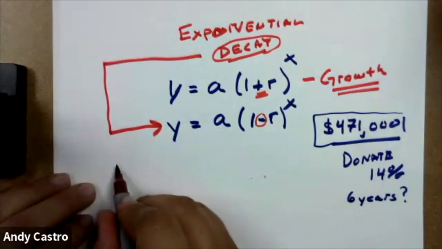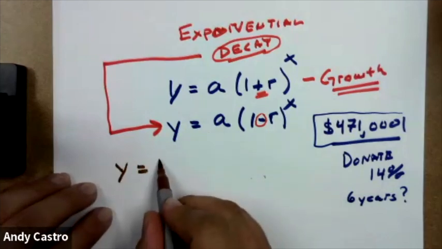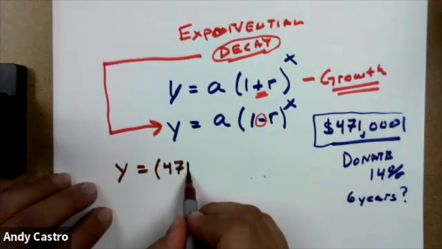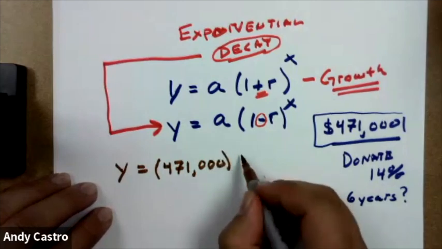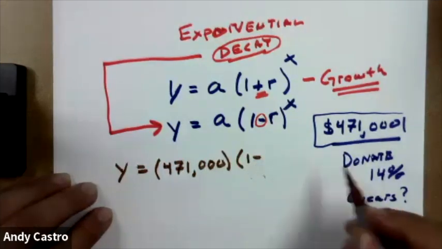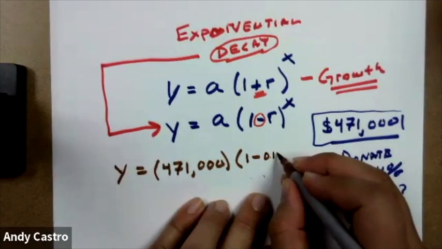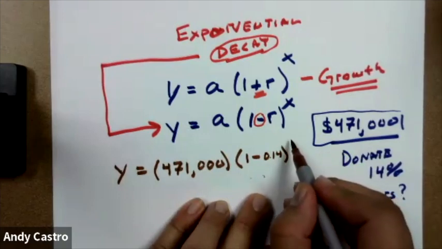So here, my total amount left is equal to my initial amount, in this case 471,000, times 1 minus my rate, which is 0.14. And we're going to do this for 6 years.